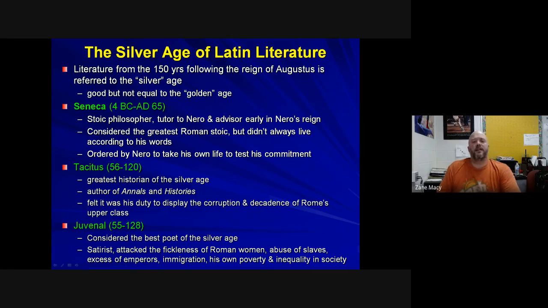I mentioned Seneca before, who was arguably the most famous Stoic philosopher of the Roman imperial period. Even though Stoicism was a Greek school of philosophy, it was the only one that really caught on with Roman culture. He served as a personal tutor to the young Emperor Nero. He advised Nero early in the emperor's reign.